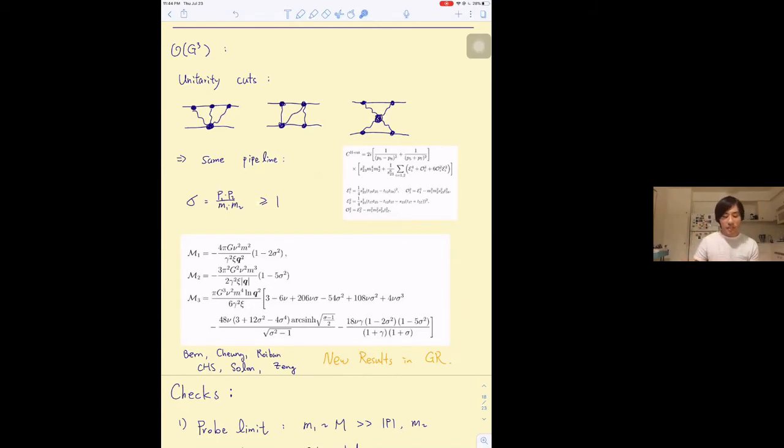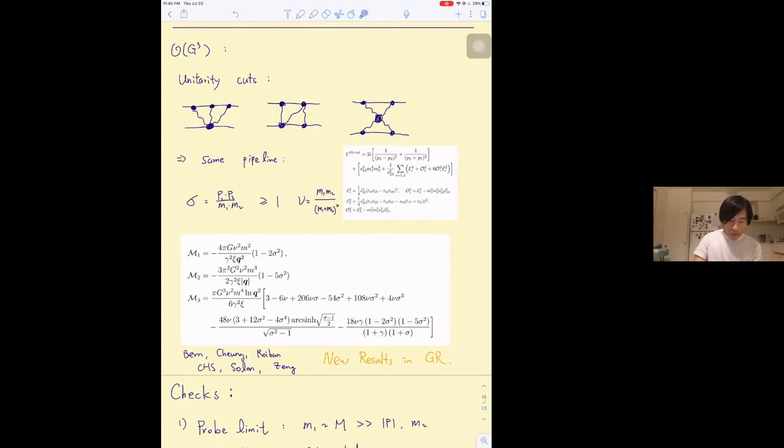From here you can see that the tree-level part is trivial because it is only tree level. The one-loop part is still very simple, but the two-loop part is where interesting things happen. One very interesting thing I want to mention is that this new parameter, nu, corresponds to the reduced mass ratio, M1 M2 over (M1 plus M2) squared.